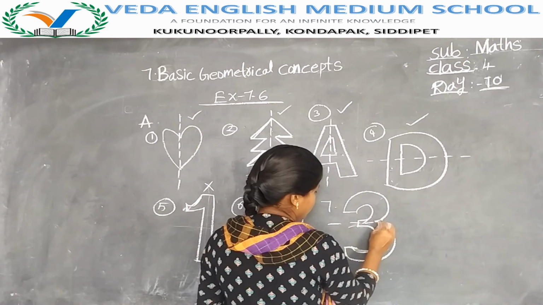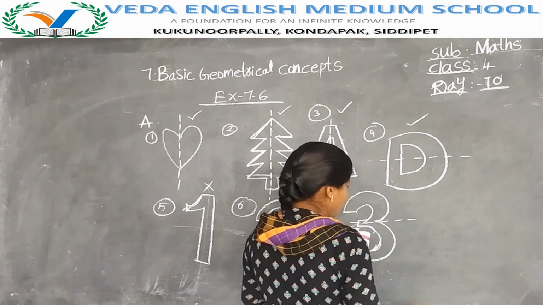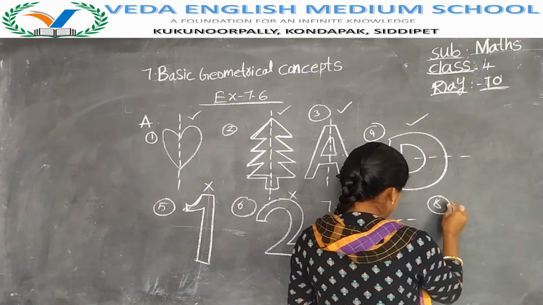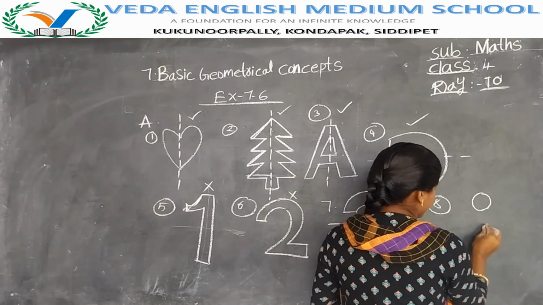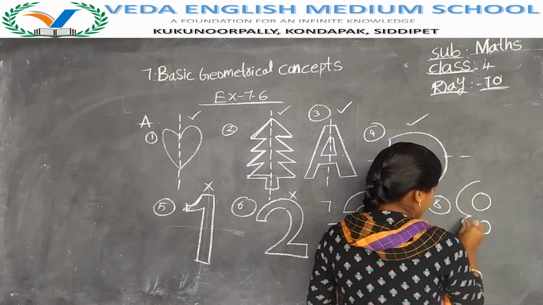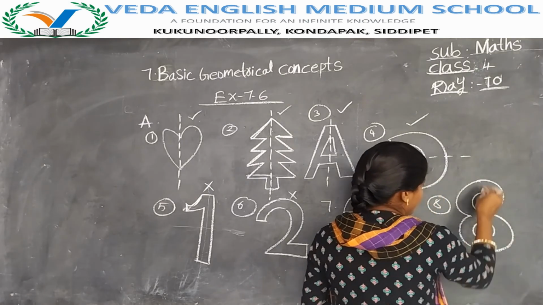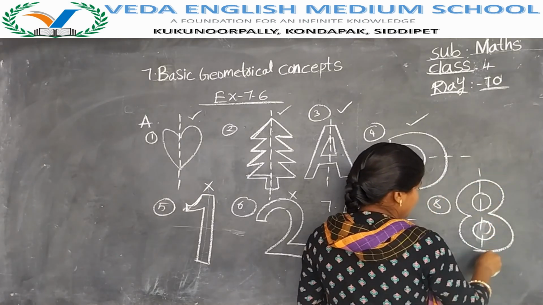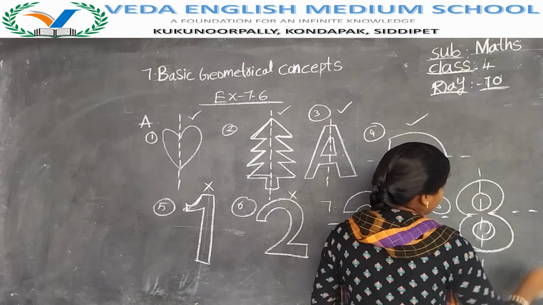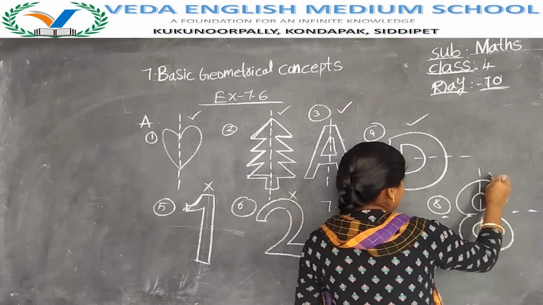Like this. 8th one, 8. So you have to draw like this or like this. So these are the symmetrical lines.